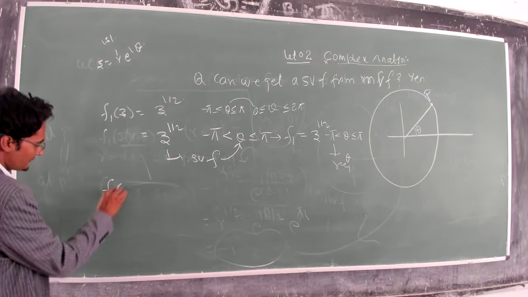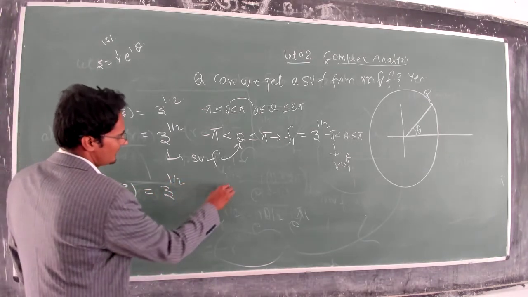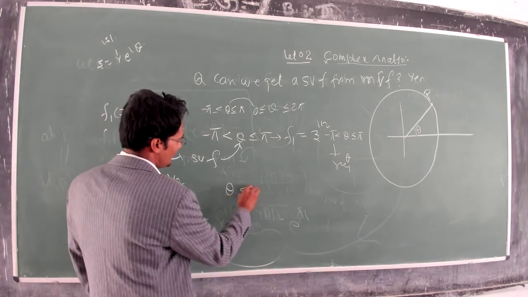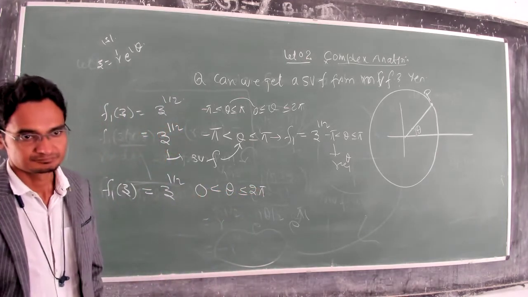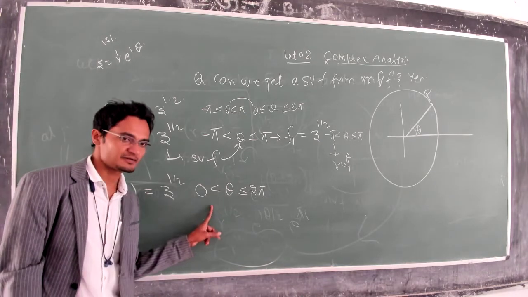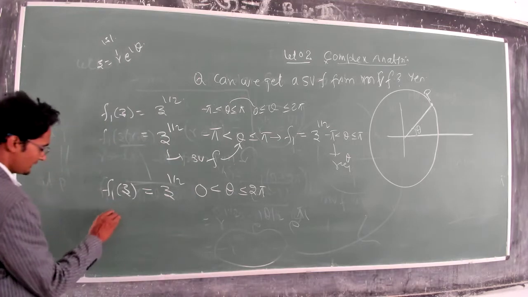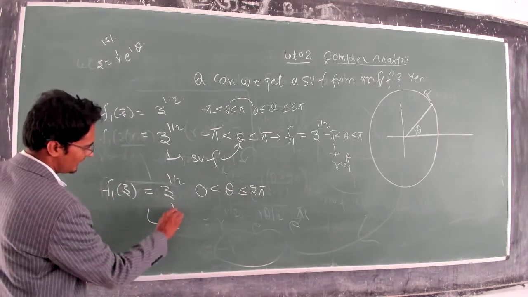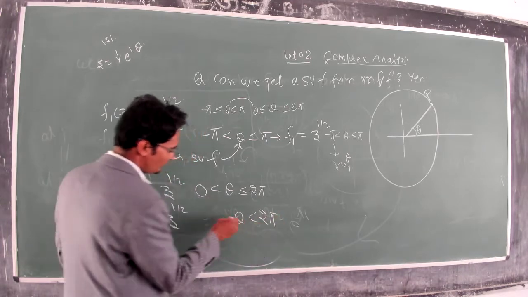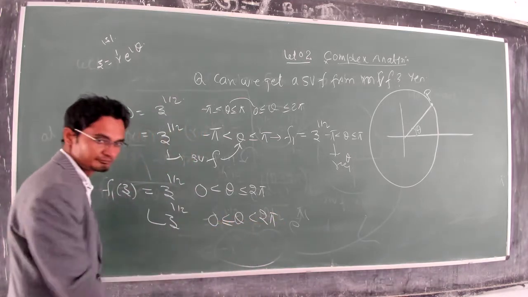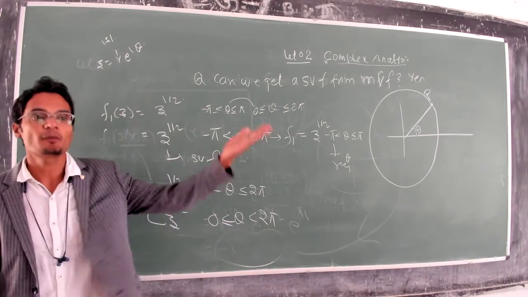Another region is f1 equal to z power half with theta less than 2 pi and greater than or equal to 0. Again you are not crossing the 2 pi. Include 0 here, but don't include 2 pi, because the moment you include it, you will get 2 pi plus.